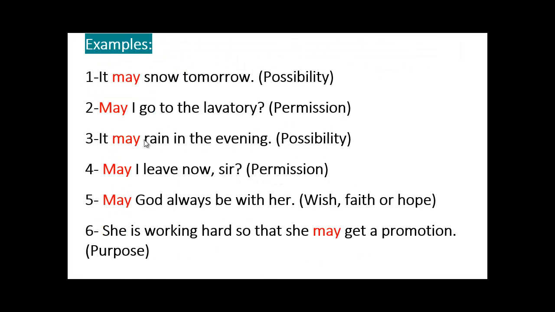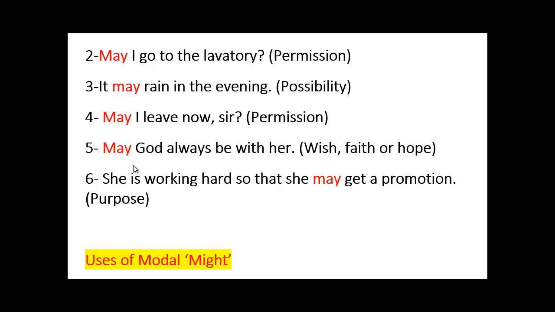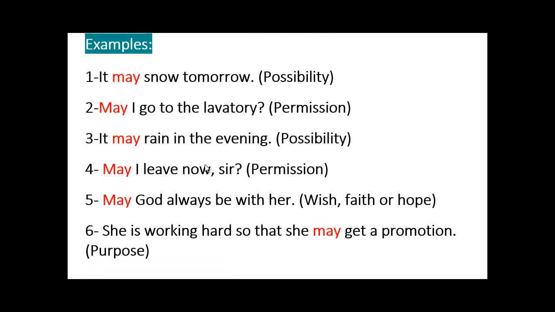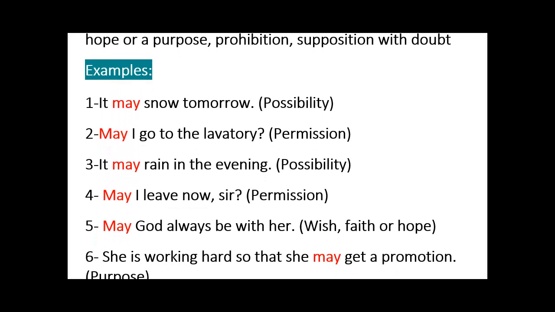That's permission. It may rain in the evening. Possibility. May I leave now, sir? Permission again. May God always be with her. That's a wish or a faith or hope. She's working hard so that she may get a promotion. That's a purpose. So all these are examples of how we use may.